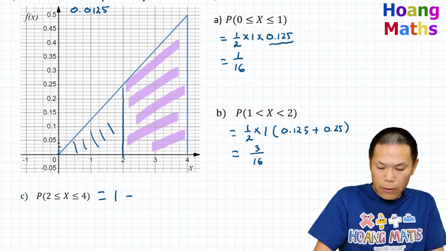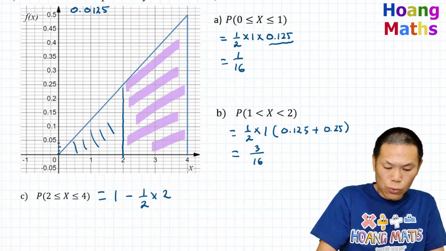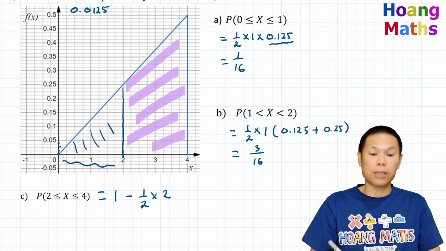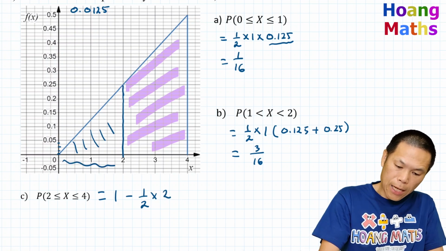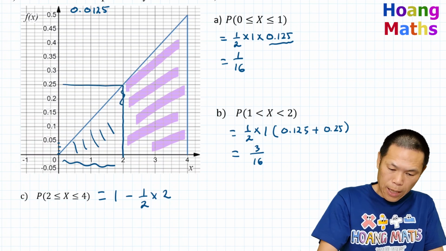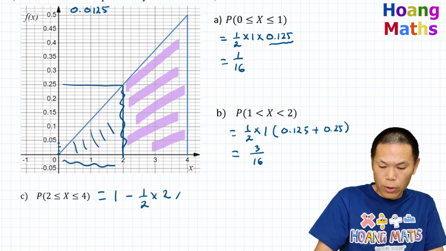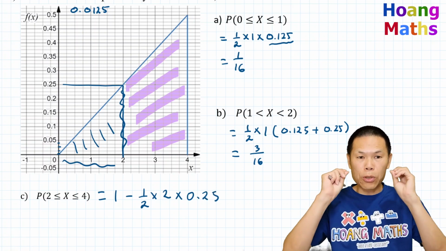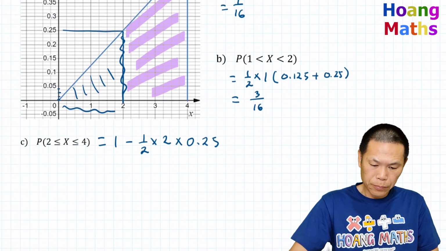To work out this area, it's a half times base, which is 2, from here to here is 2 units, and times the perpendicular height, and the height here is this length here, that is 0.25. So there you go. Let me just put that on the calculator.